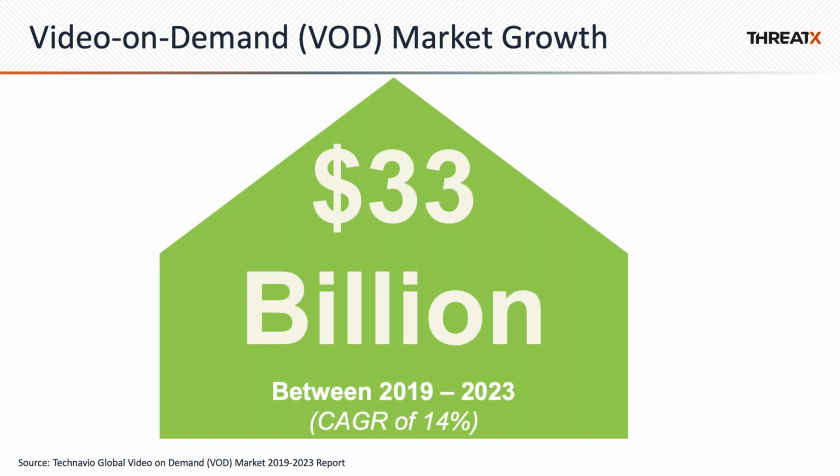And the way that they're going to target them, and we'll get into that later, does vary. But why? It's because when we look at the trends, the market growth for video on demand or streaming services is expected to grow to reach $33 billion by 2023, and that's over the course of the next, at this point, 3 years.